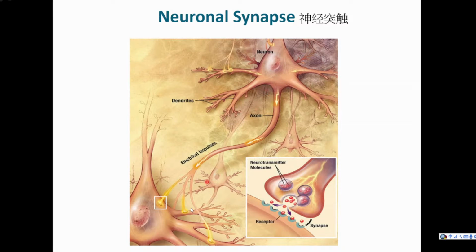This is what we call the neural synapse. If you enlarge this area, you can see a space between the first neuron and the next. The axon of the impulse connects with the cell body of the next neuron. The second neuron has a receptor, and the first neuron releases lots of chemicals we call neurotransmitters.